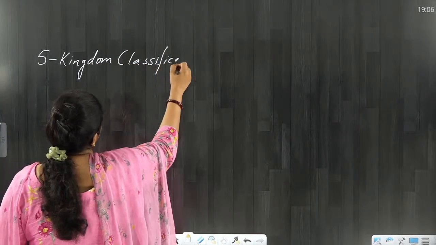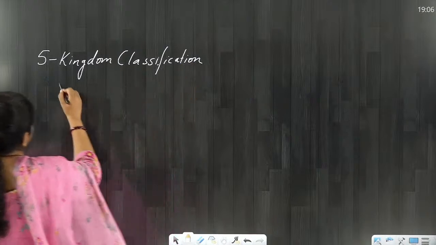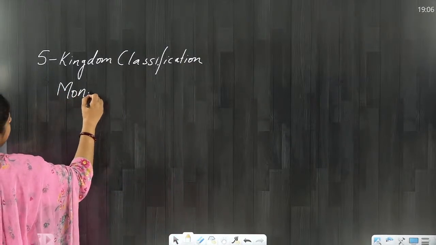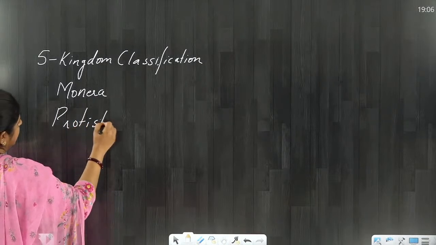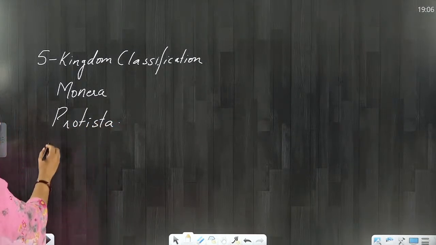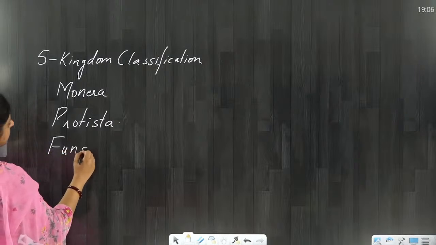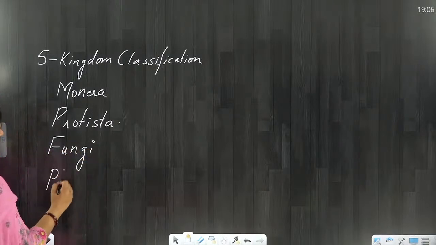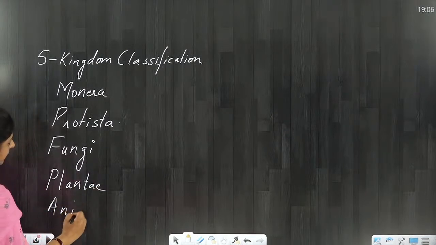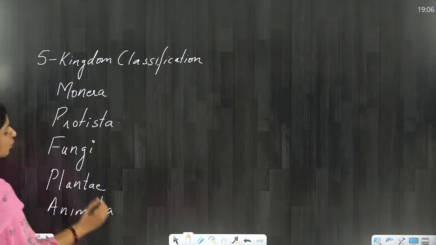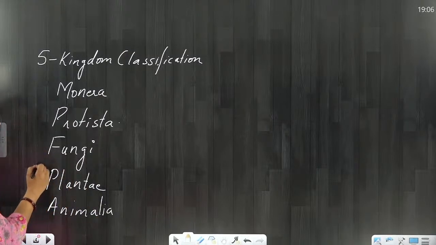It will include Monera, then after that Protista, right? Then after that Fungi, Plantae and Animalia. Right now we are dealing with which kingdom?